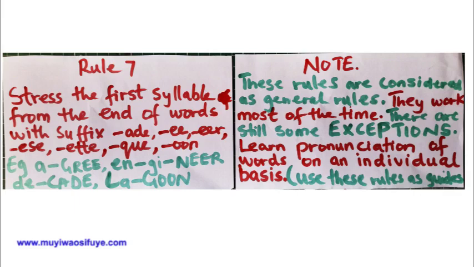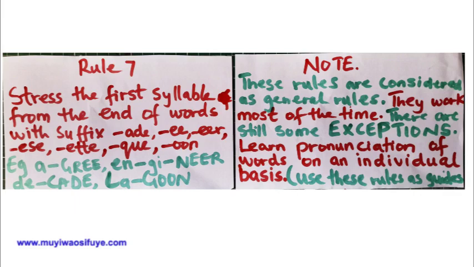When you have words that end with such suffixes, you are going to stress the first syllable from the end of such words. For example, we have agree. In that word, the first syllable is the schwa sound, which is usually silent. You can see that the stress is on the second syllable, which is gree. Then we have the other word, engineer.